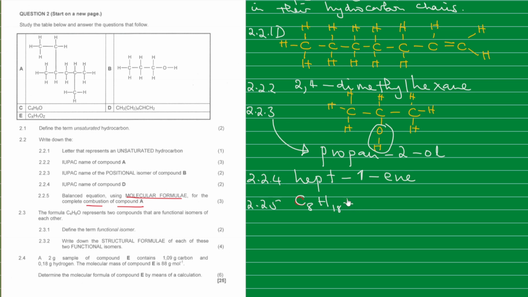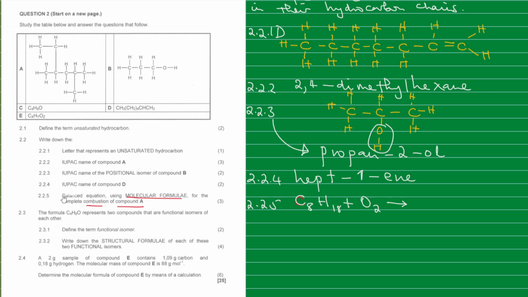Now we are burning it. Under combustion, it's oxygen, so it's plus O2. Oxygen is diatomic, so it's always 2 oxygens. We are expected to know that when you burn alkanes, the products we get depend on the conditions.